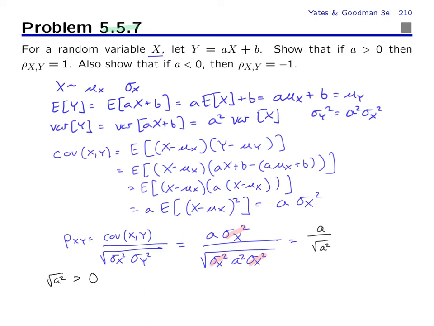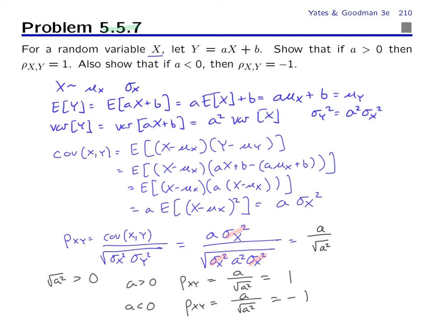However, when a is greater than 0, rho of XY is simply equal to a over the square root of a squared, and both are positive, and this is 1. But if a is less than 0, then rho of XY is equal to a over the square root of a squared, but the numerator is negative and the denominator is positive, and the two things have the same magnitude, so the result is minus 1.